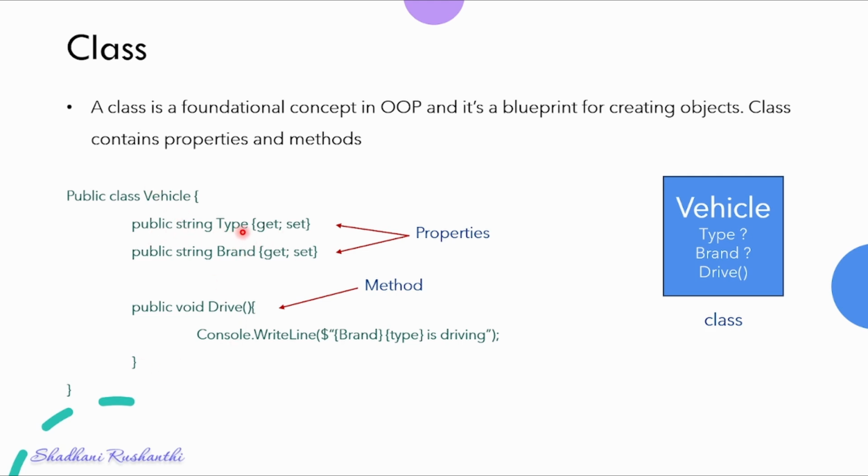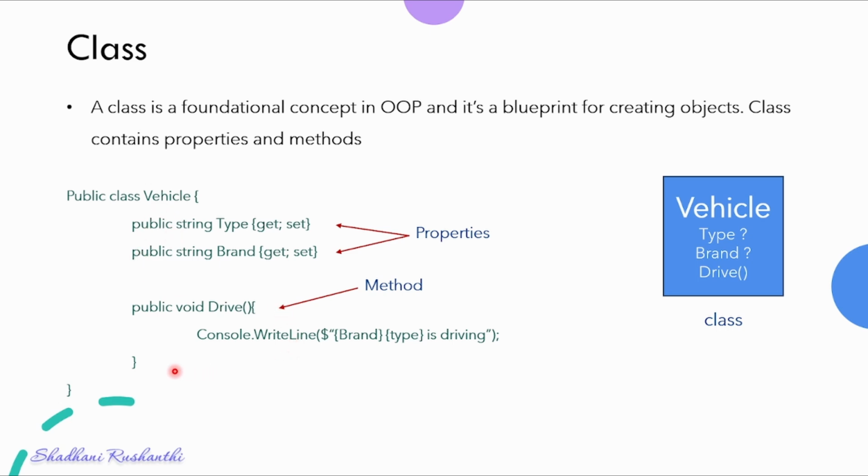Here I have defined the properties like type and brand. These properties also should have access modifiers and the type of the data. By default, these properties are private inside the class. If you want, you can declare them as private, protected, or static.